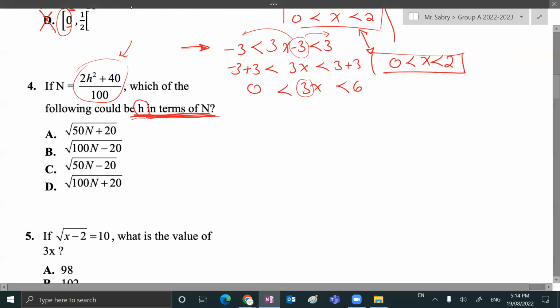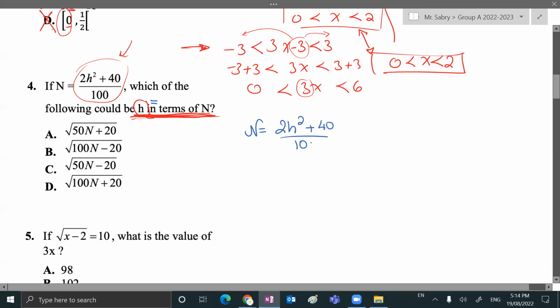I told you before, whenever they say h in terms of something, it's as if they want h equals everything else. They want h completely alone. عايز اشيل كل حاجه من جنب ال h اوديها الناحيه الثانيه. So that's what I'll do. ادي ال equation.